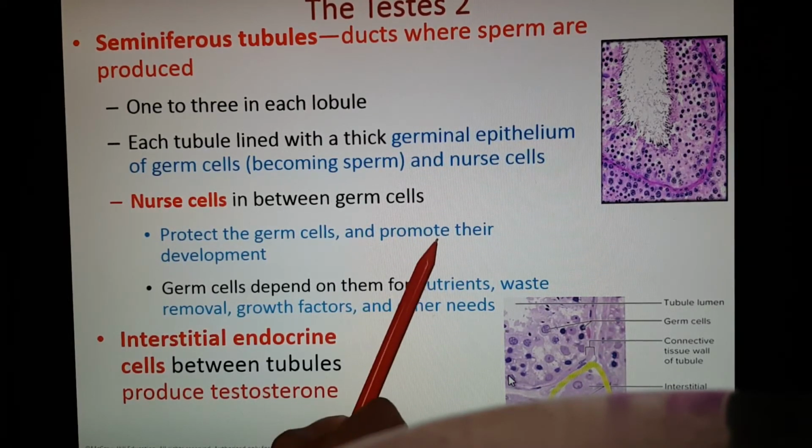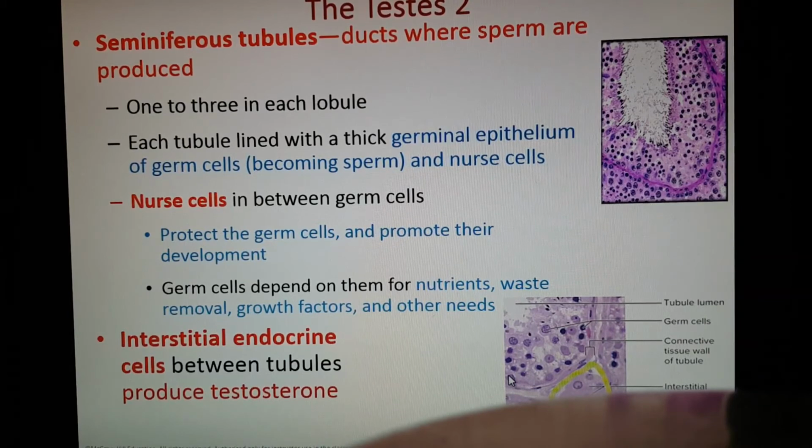It also helps to promote the development of the sperm, giving the sperm, as they're developing, different nutrients, waste removal, as well as growth factors and other developmental needs, as it goes from the precursor cells and finally develops into a full sperm. So we'll cover that in a little bit.